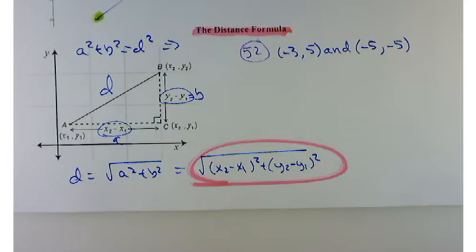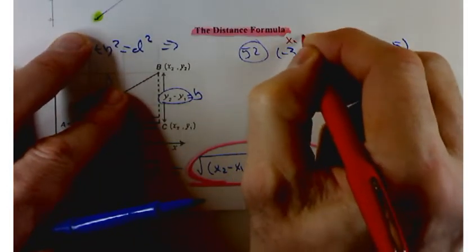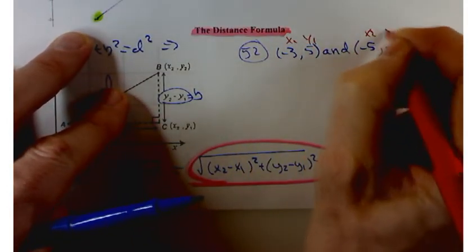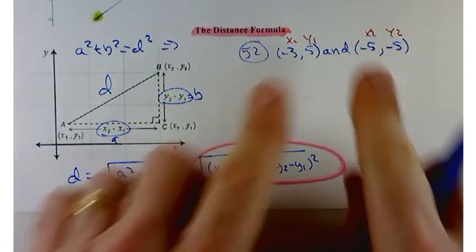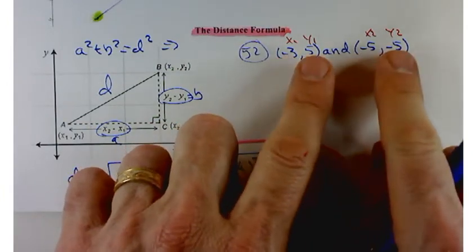So this is your x1, y1, and this is your x2 and y2. If you switch the points, it doesn't really matter. It doesn't really matter the order that you put in x1 and y1 and x2 and y2, as long as you subtract the x's and subtract the y's.